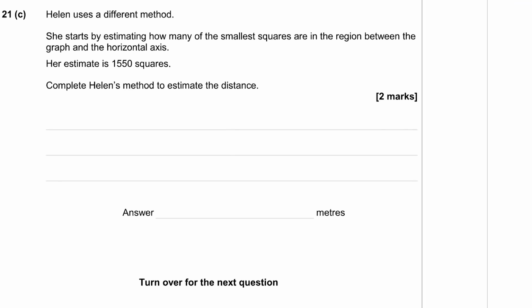Okay, Helen uses a different method. She starts by estimating how many of the smallest squares are in the region between the graph and the horizontal axis. Her estimate is 1,550 squares. Complete Helen's method to estimate the distance.